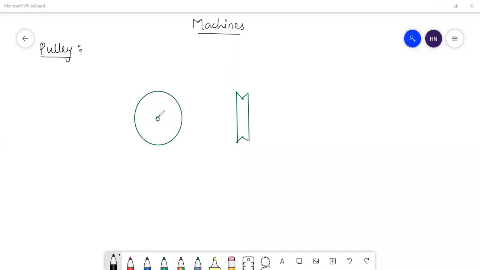Now there is an axis through which an axle is being passed. You can see one horizontal rod is being used which passes through the center of the wheel, which will be called the axle. And you can see in front of the axle there is a screw arrangement so that the wheel doesn't come out of the axle.